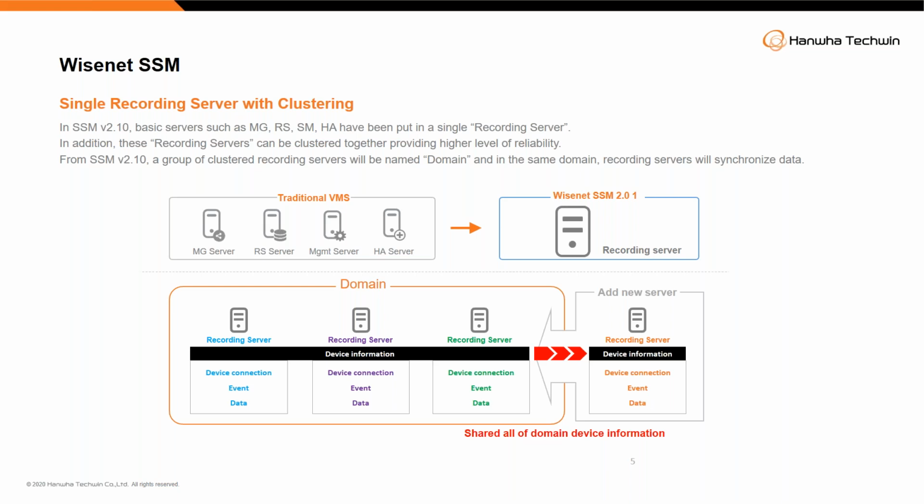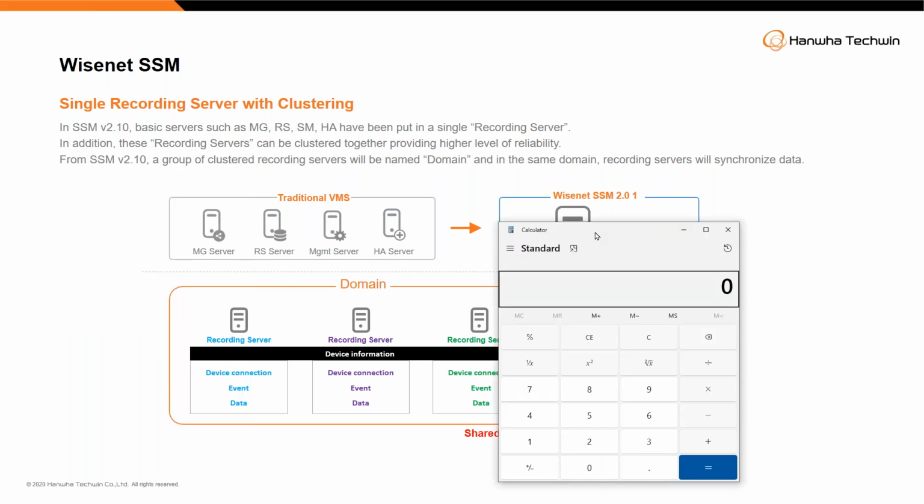Some vendors specify throughput only, some vendors specify simply the number of cameras. We specify both. Our servers can handle 520 Mbps, so if you use a 2 megapixel camera, around 260 cameras you can add. We also have a new recording server with 700 Mbps. If you add 2 megapixel cameras, roughly around 350 cameras you can add. So this is what is mentioned.